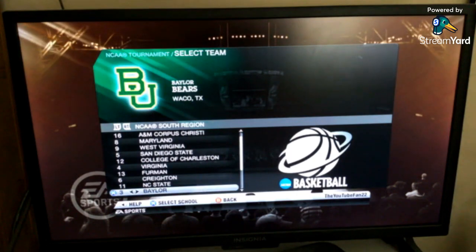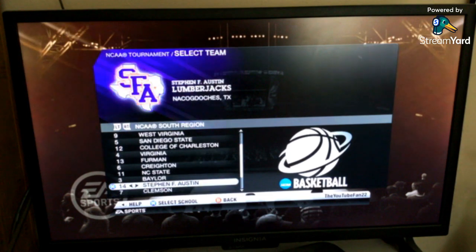At number 14, UC Santa Barbara. Did I say 14? Yep, 14.